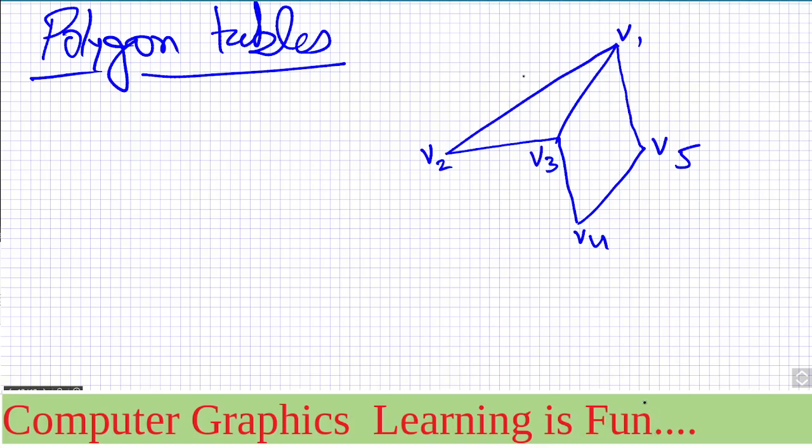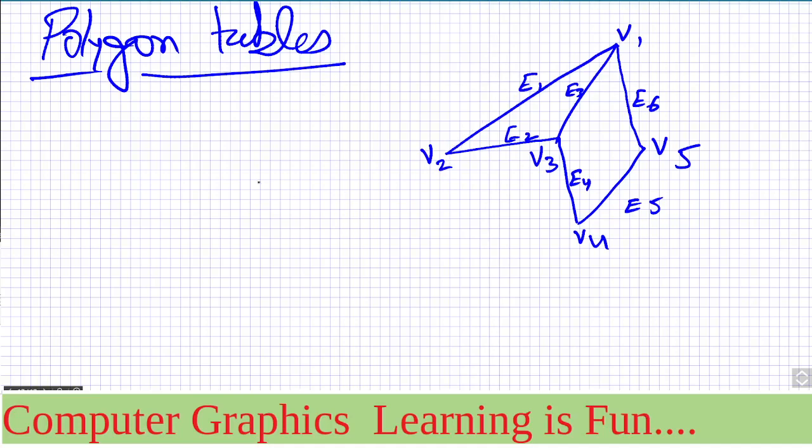I am naming them as E1, E2, E3, E4, E5 and E6. A different color would have been better, but still it is understandable. The edges are E and the vertices are V.